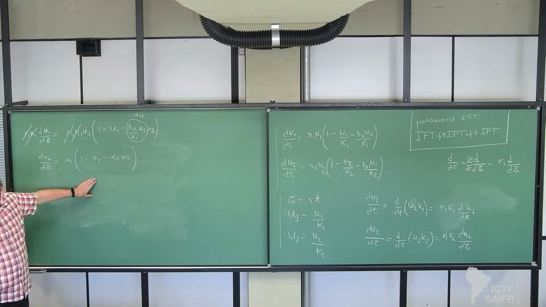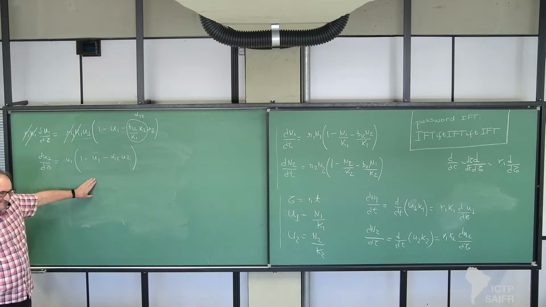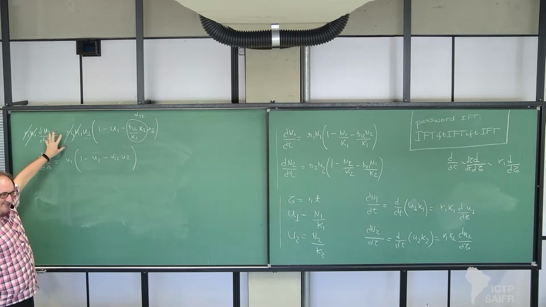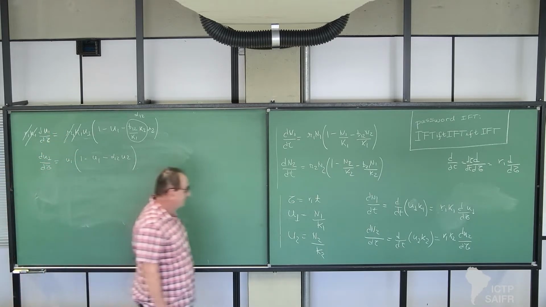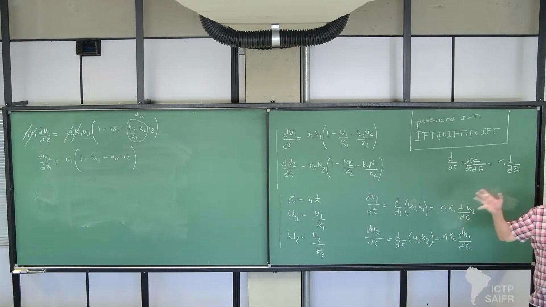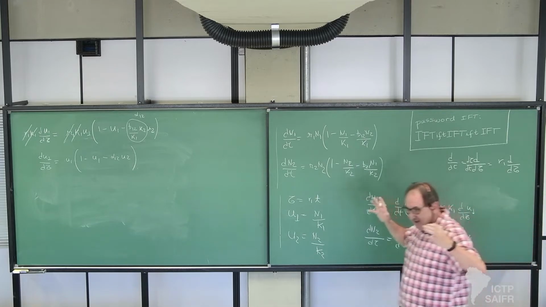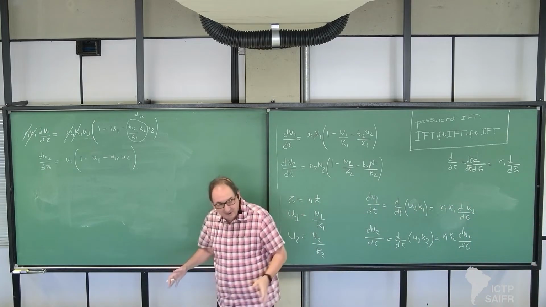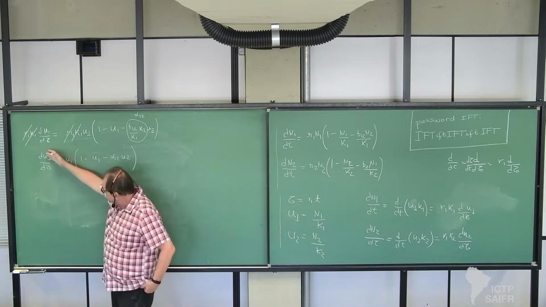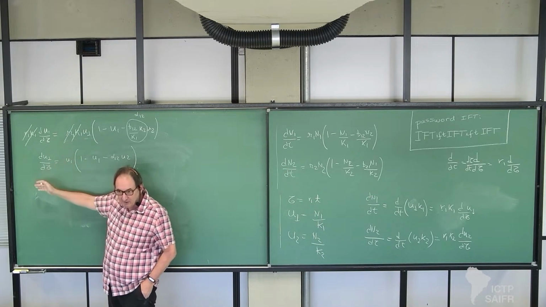Looks cleaner, yes? All carrying capacities disappeared. So you could ask, what is the meaning of the thing? The meaning is that this is exactly what we had before, but in new variables. The u is the population size referred to the carrying capacity.